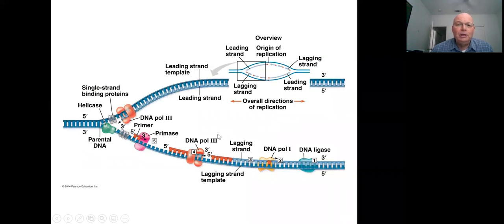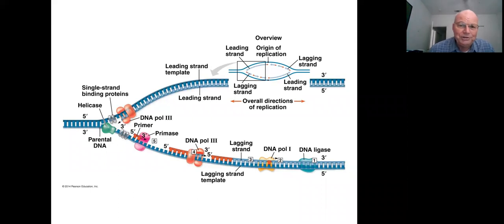So if we take a look at what goes on at a replication fork, when we consider the leading strand, it is primed once at the origin of replication. That creates the necessary double-stranded nucleotide section that the DNA polymerase requires with a 3' end that it can add nucleotides to, which it does using the template strand as its guide.